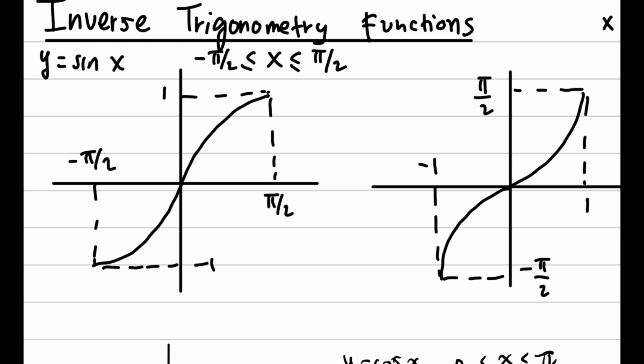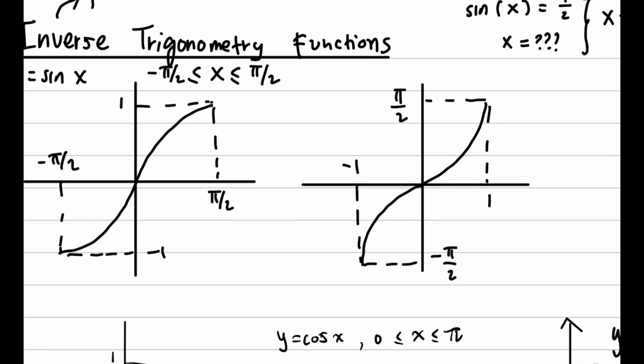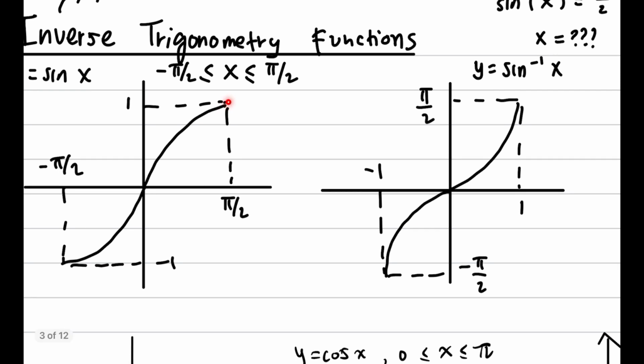By having this, we can draw y equals sine inverse x, and this is the shape. As you can see, the coordinate here is pi over 2 comma 1. We swap, it becomes 1 comma pi over 2. And then this one is minus 1, and this is minus pi over 2. You swap, and the shape will be like a reflection on y equals x.